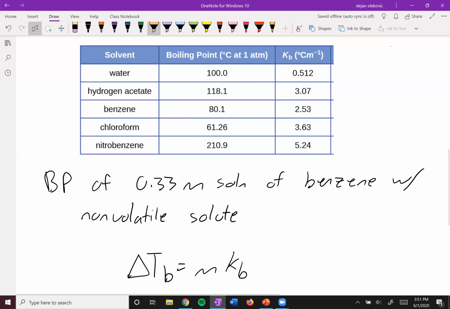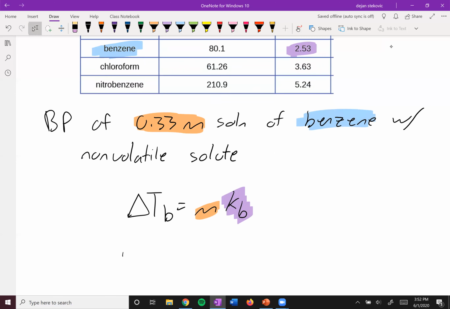And so this is a pretty straightforward problem, right? Molal we're given as 0.33. Our KB, remember here we're talking about benzene, so we need to find benzene on our table. There's benzene, and then there's the KB of 2.53 degrees Celsius per molal.